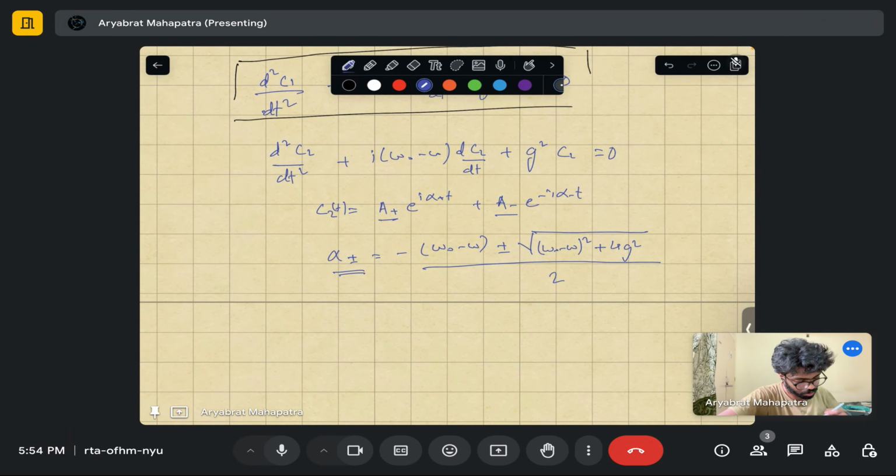Likewise, you can calculate C1. Let me tell you how you get this.